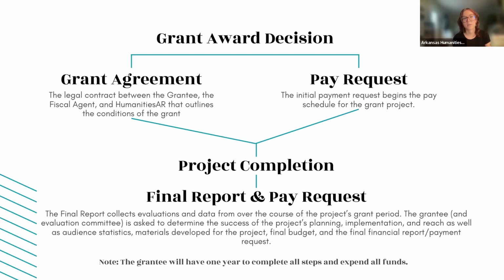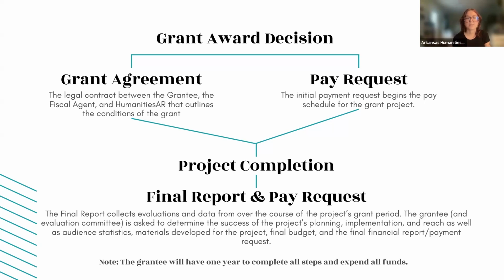That first step is the grant agreement and pay request. This is how you initiate receiving your grant funding. A grant agreement is a legal document between you as the grantee, the fiscal agent you've named in your approved application, who will be handling all of your funding disbursements, and us. It outlines the conditions of your grant, basically saying that what you have outlined in your grant proposal is what you're going to do.